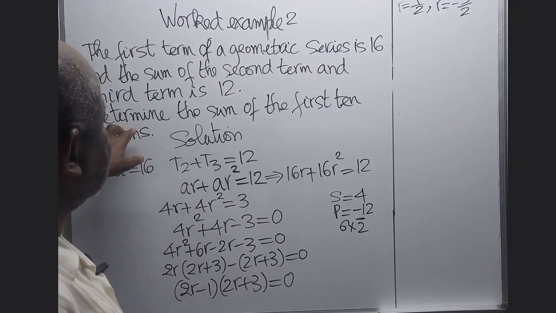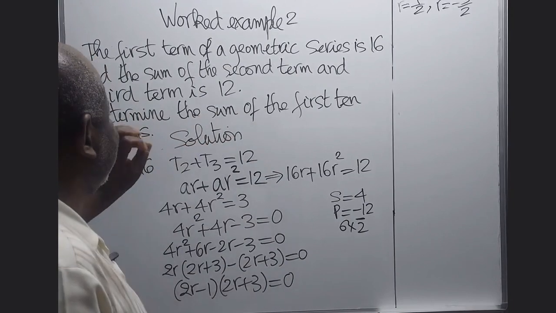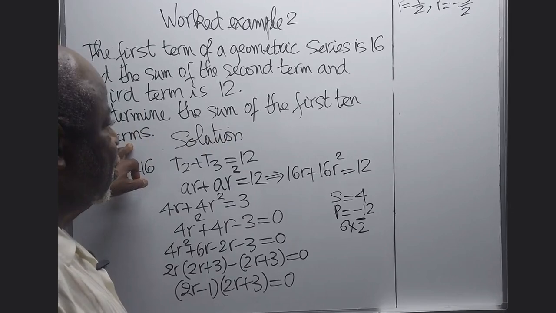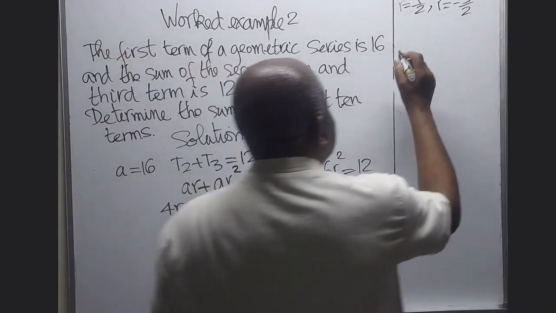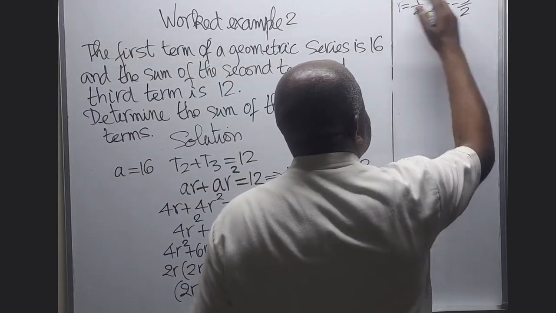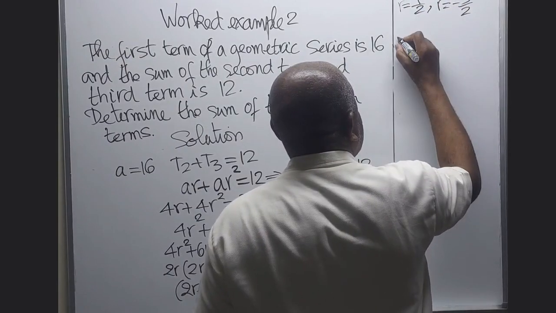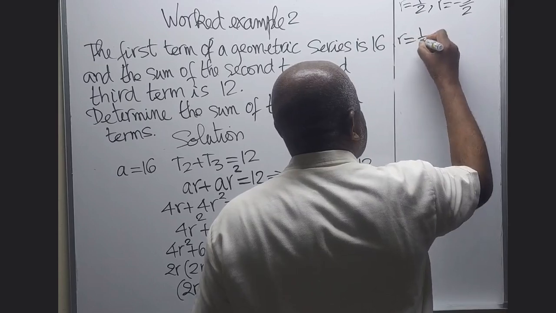So now, getting the sum of the first 10 terms, we're going to use the formula. First, we will consider r is equal to 1 over 2.